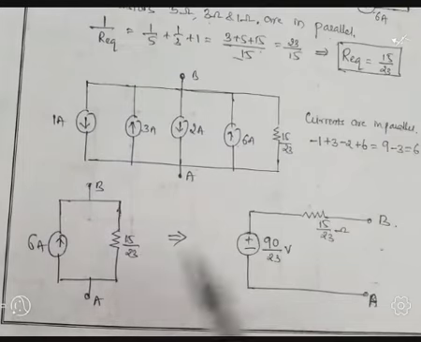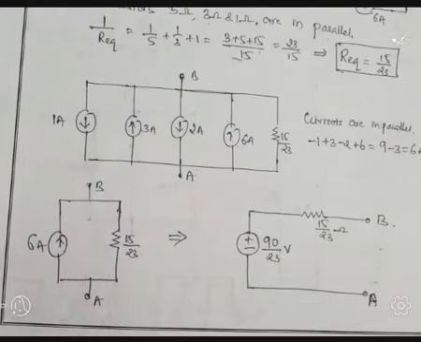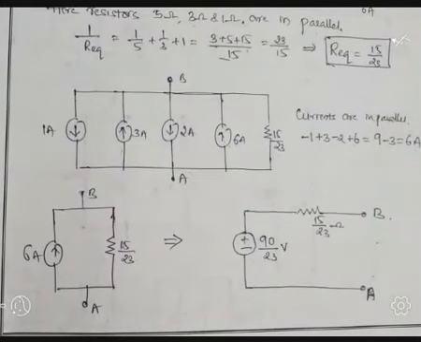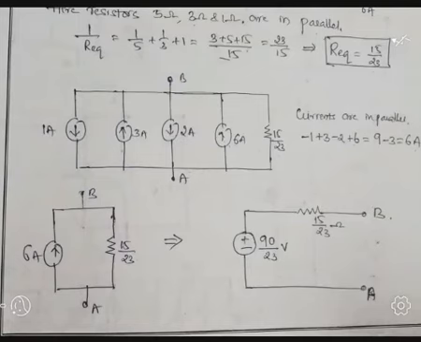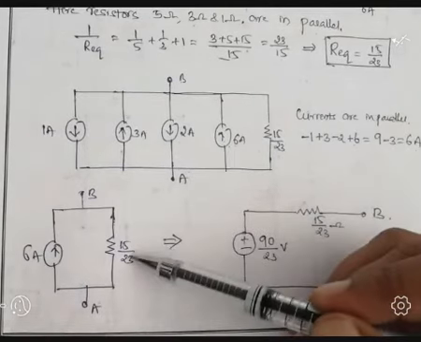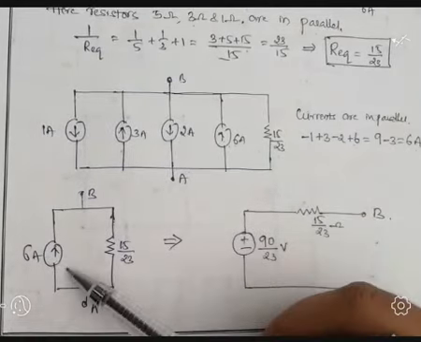But what is asked? Reduce the network in such a way that finally, in between terminals A and B, there should be one voltage source in series with resistance. But we got, in between the terminals A and B, a current source in parallel with resistance. Let us convert this current source to a voltage source.